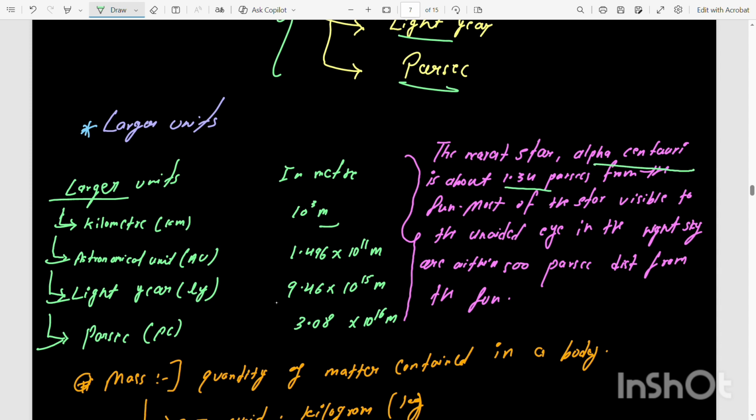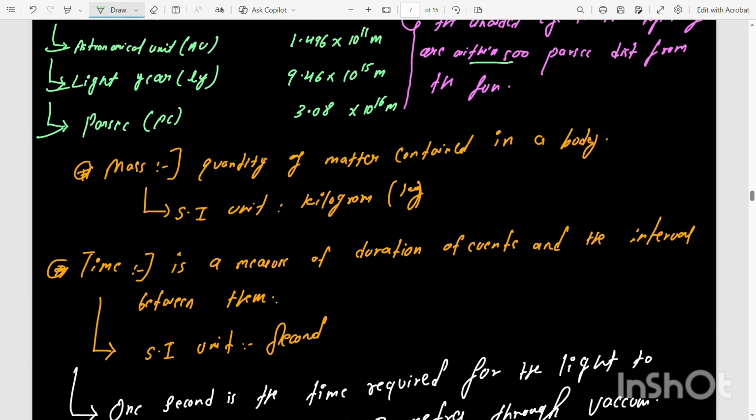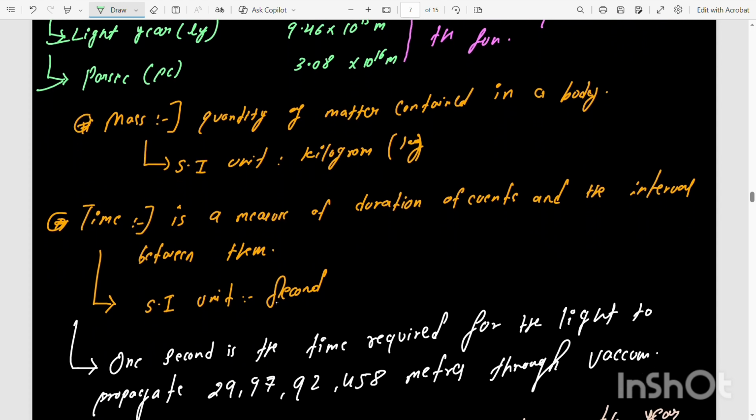And in meter, you can see here kilometer is written as 10 to the power 3. So these are the units. You can see here the nearest star Alpha Centauri is about 1.34 parsec from the sun, and most of the stars visible to the unaided eye in the night sky are within a 500 parsec distance from the sun.